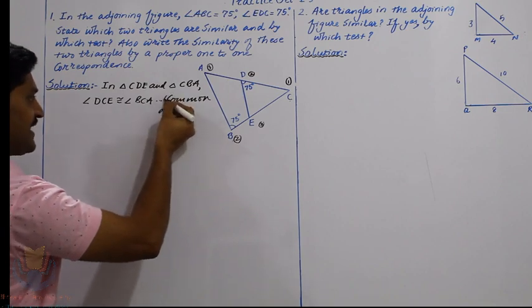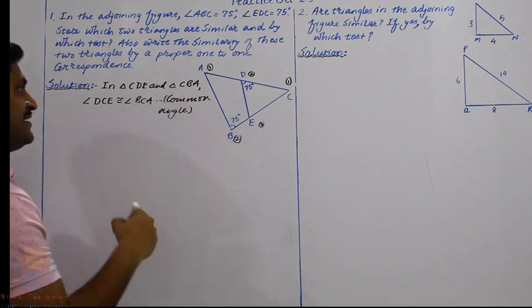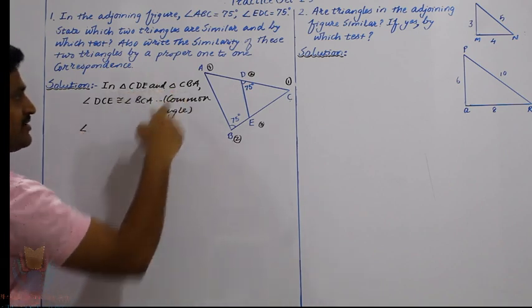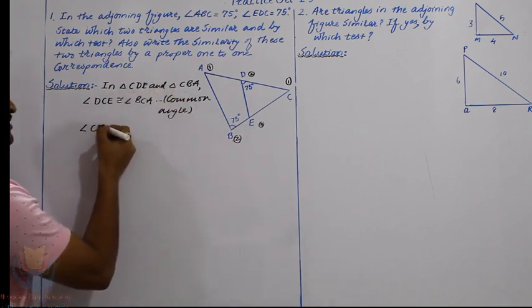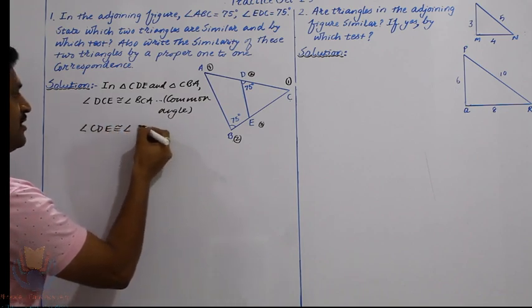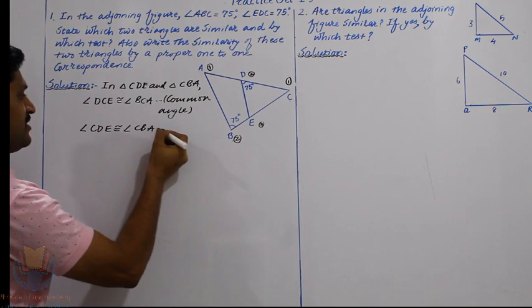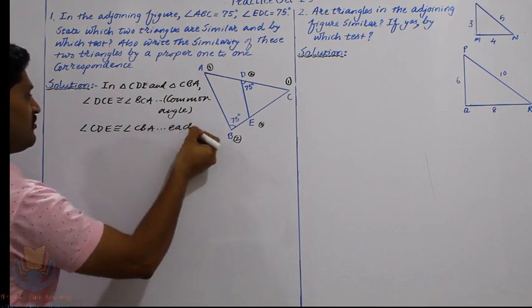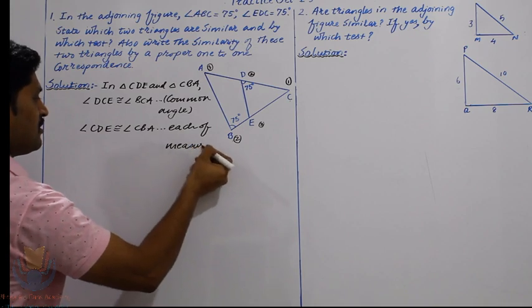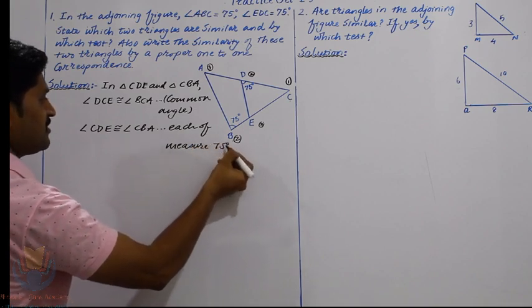and as I said, the angle which is 75 degrees each, that we are going to take, so that angle is already there in the name of triangles. So that angle is CDE, which is congruent to angle CBA. Here we will write each of measure 75 degrees.